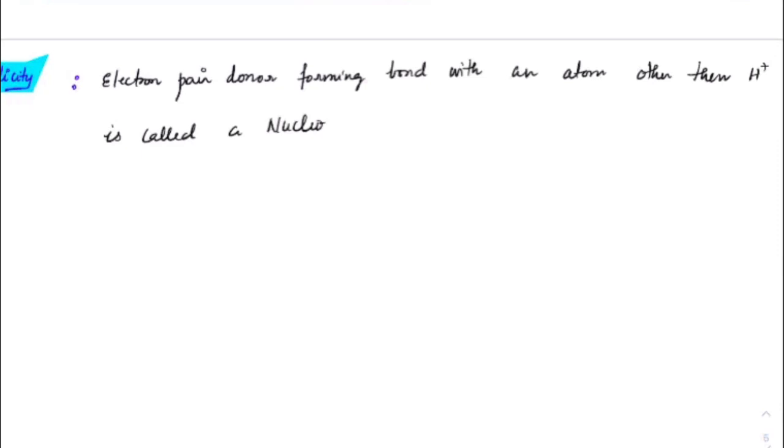Strictly, a nucleophile is something which forms a bond with an atom other than hydrogen, and this phenomenon is called nucleophilicity.